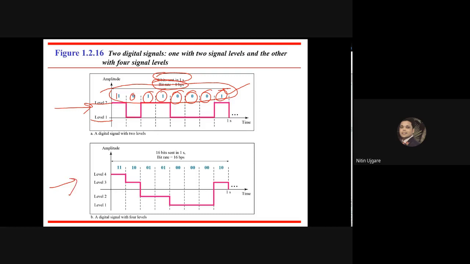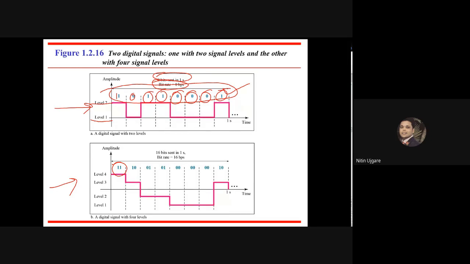Now in the second digital signal, because this digital signal is represented using 4 levels, and we know that if a digital signal is represented using more than 2 levels, then we are allowed to send more than 1 bit. Here you can see that using a 4 level digital signal, we are allowed to send 2 bits, that is 1 and 1.